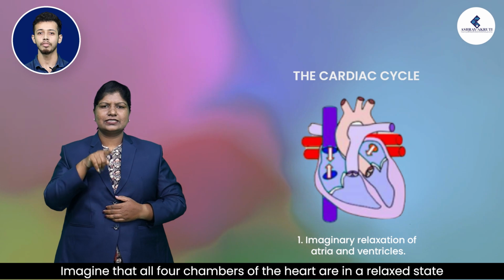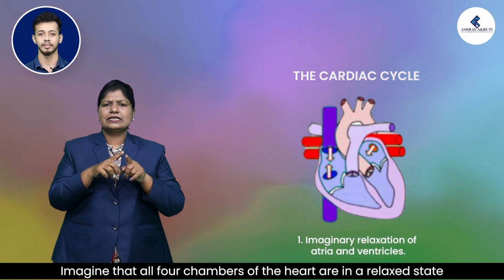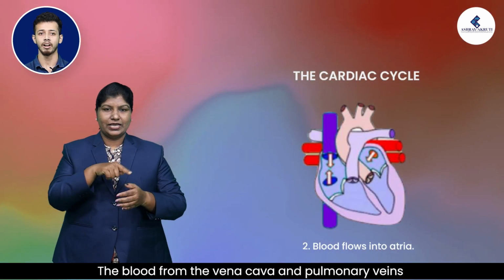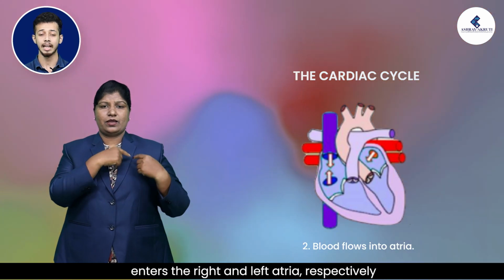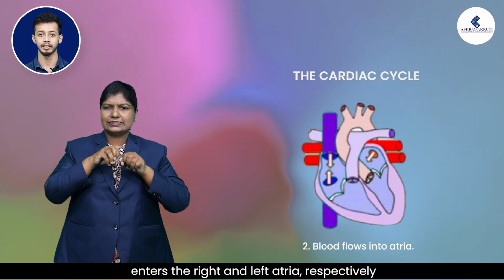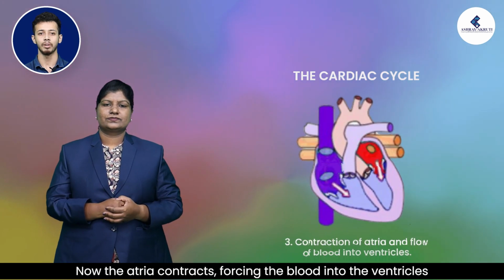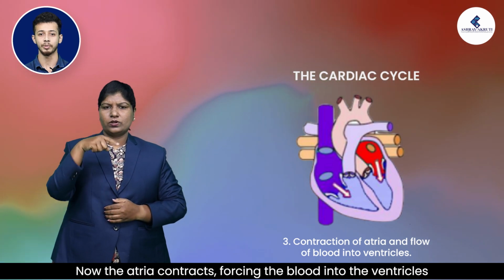Imagine that all four chambers of the heart are in a relaxed state. The blood from the vena cava and pulmonary veins enters the right and left atria respectively. Now the atria contract, forcing the blood into the ventricles.